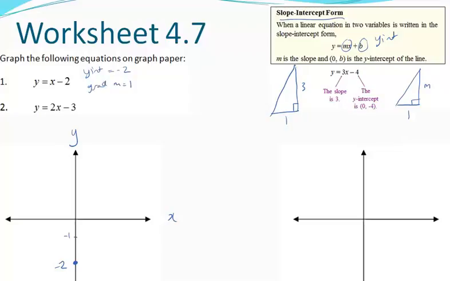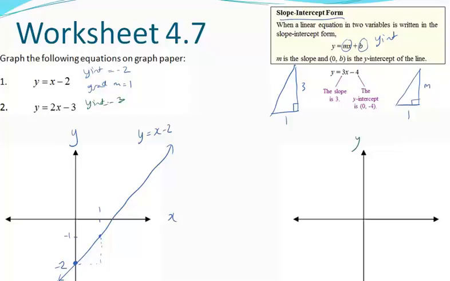So if we go across by 1 to 1, we're going to go up by 1 here. So these 2 points we can connect and draw in our line here, y is equal to x minus 2. So for question 2, we can see our y-intercept is -3.